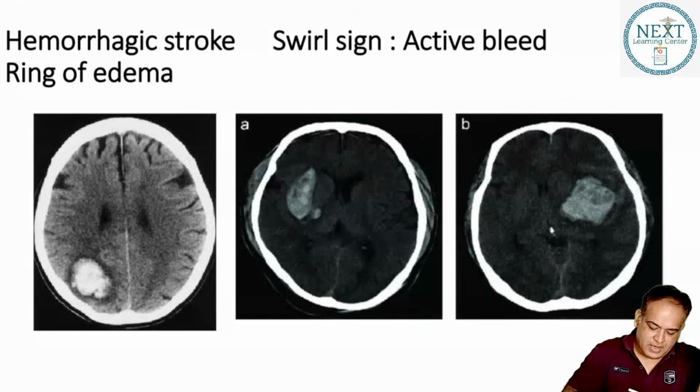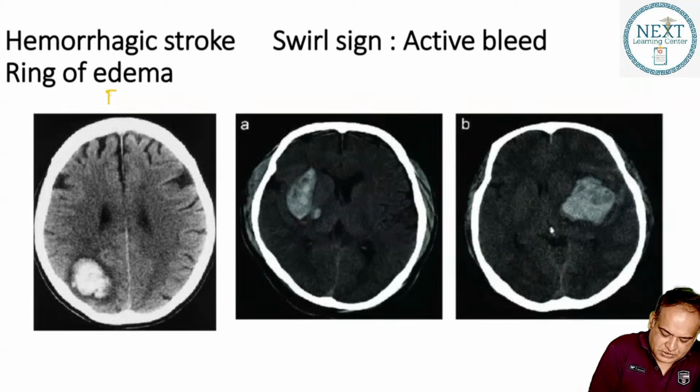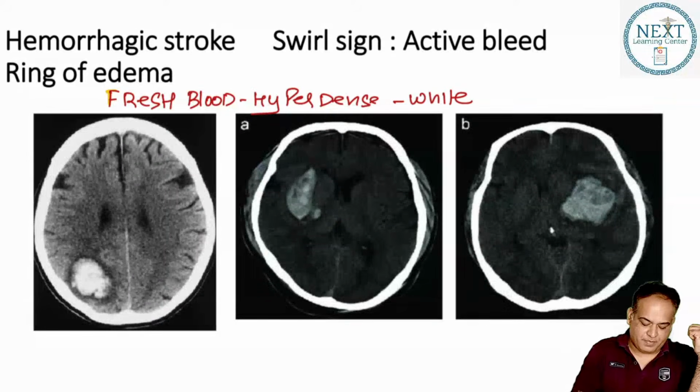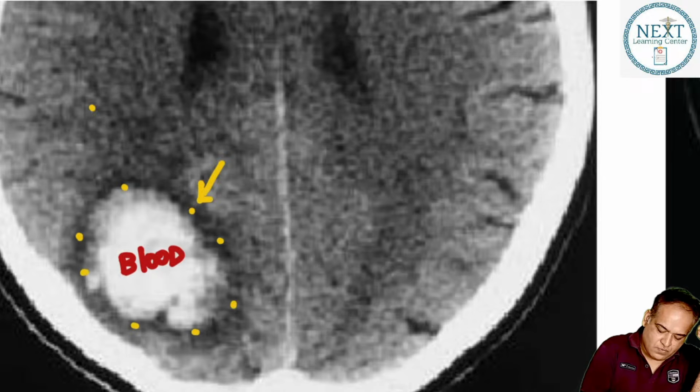Now, in hemorrhagic stroke, you see here fresh blood. Fresh blood will always appear hyperdense, will always appear white. So this one is blood, and around the blood, what is this?